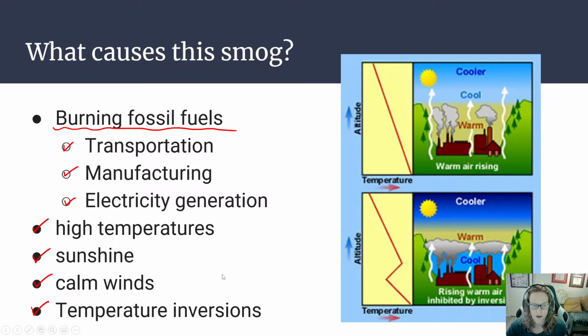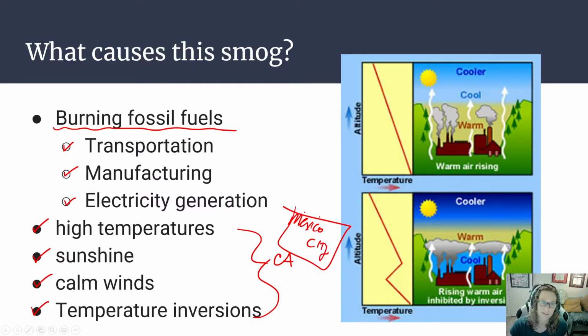So California is perfect to have these kinds of smogs. And another famous place that also has all 3 or 4 of these ingredients is Mexico City. And there are a few pages in your book you should read about that case study, why these 2 places are related and why they have a lot of smog.